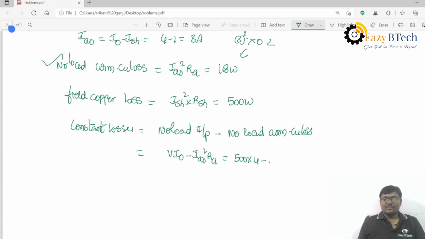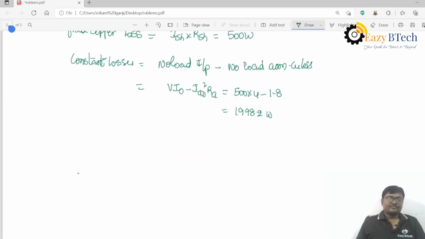IA naught square into RA is 1.8. Then finally I got it as 1198.2 watts.